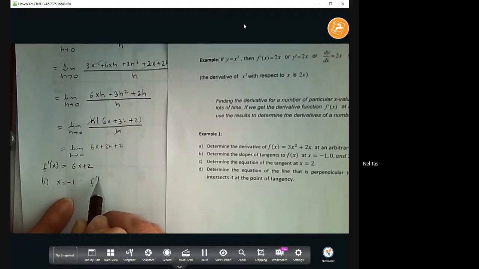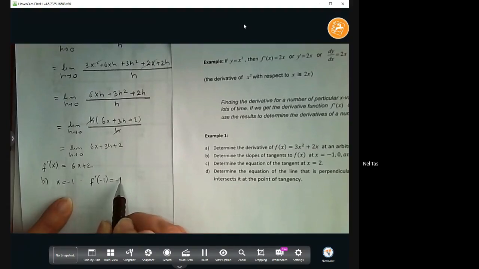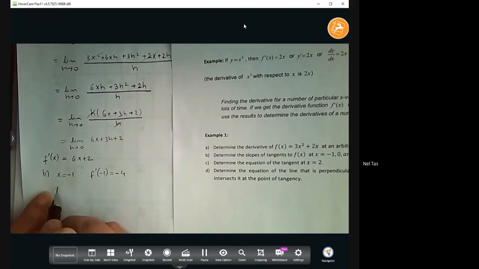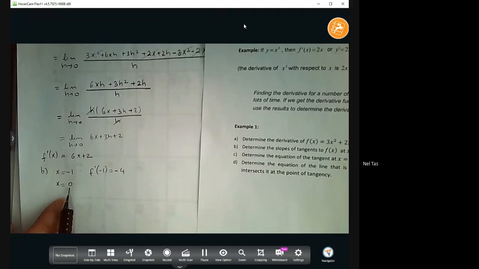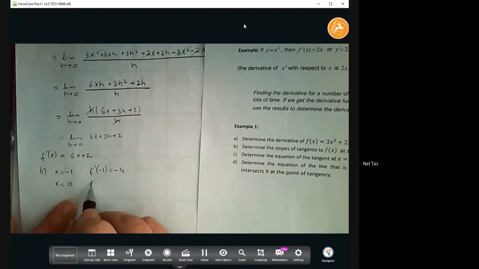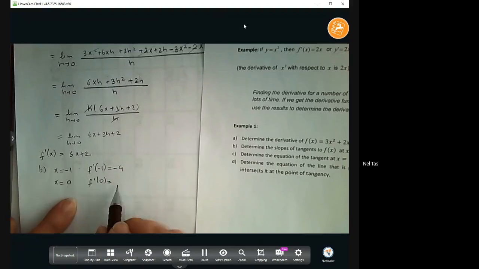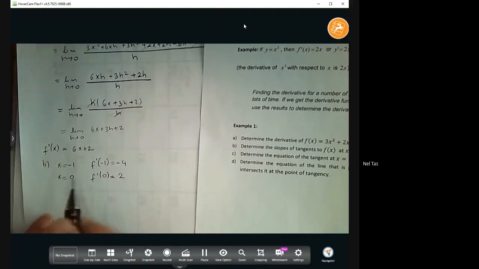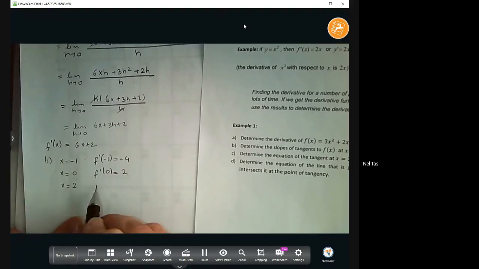So we sub -1: -6 plus 2 gives you -4. Now find the slope of the tangent at x equals 0. You sub 0 in the derivative function, you get 2. So this is the slope of the tangent at x equals 0. Now find the slope at x equals 2. Sub 2: 12 plus 2 is 14.